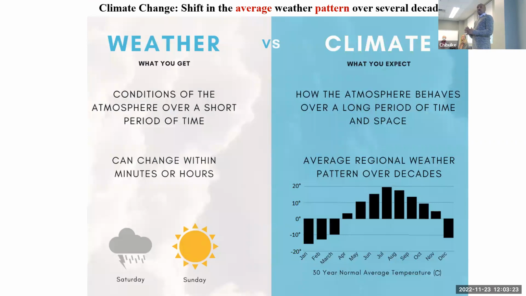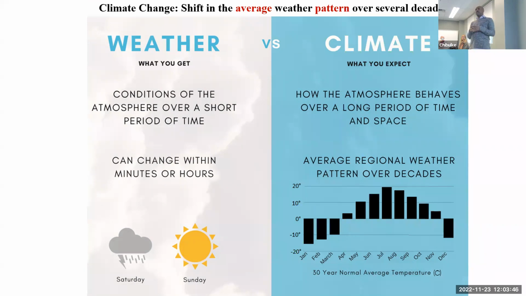Before I proceed, just a heads up about when we say climate change, especially when we don't have a way of recording or making observations, most times we mix up the notion of climate and that of weather.